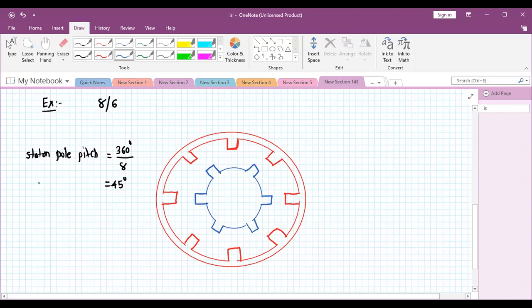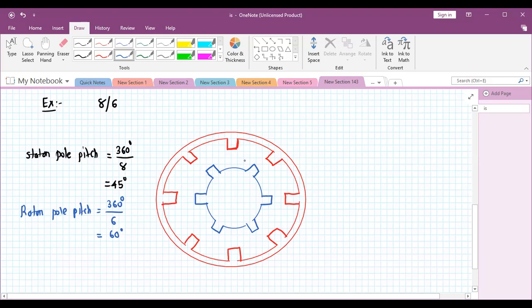So what is the stator pitch, rotor pitch, sorry? 60 degree. Okay. So now see, both have salient poles, stator as well as rotor.